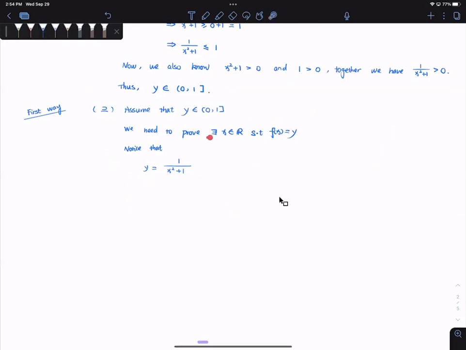If they exist, we have this, and this is gonna give you y times x squared plus 1 equals 1, which is y x squared plus y minus 1 equals 0. And you see that this is a quadratic. So to show that my x exists, show that my x is real, and we have a quadratic, what do we do?